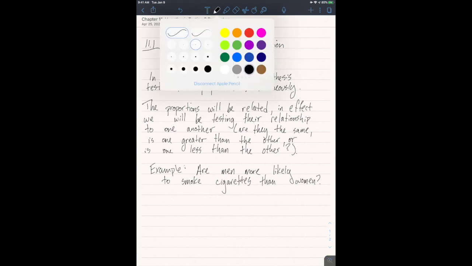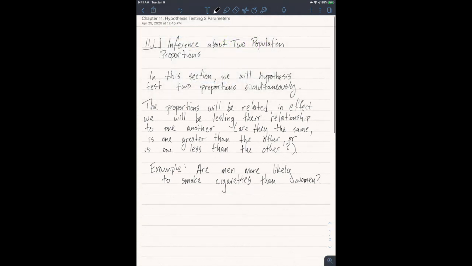Because in essence, there is a P for men. That would be the proportion of men who smoke. And there would be a PW, I guess, which would be the proportion of women who smoke.